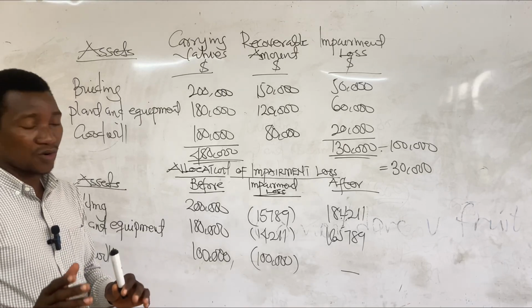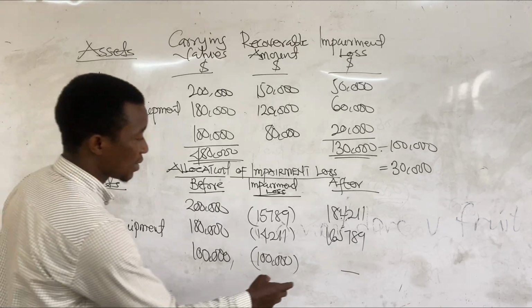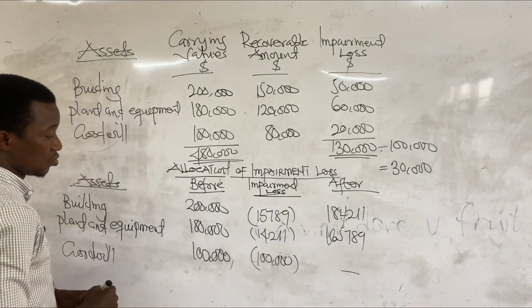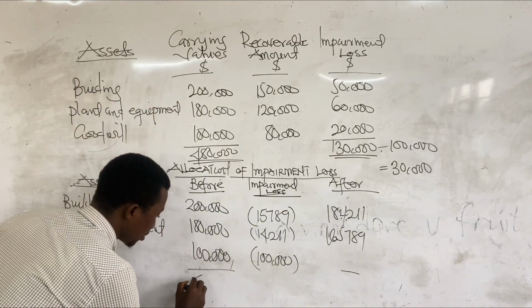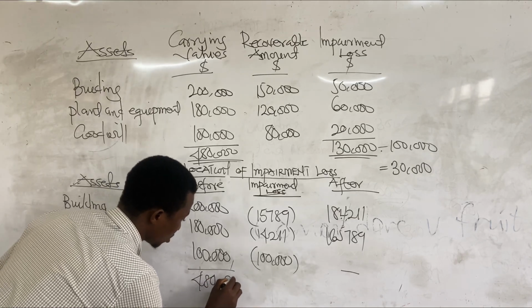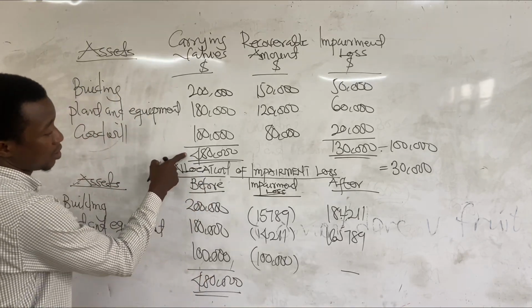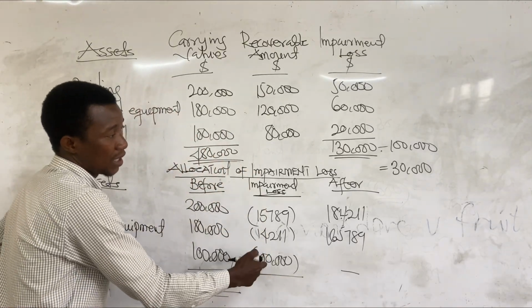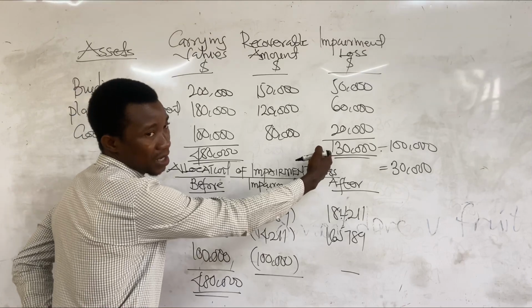So to know if you are right, we add this value and add this value. The total of this we get 480,000. That is the initial carrying value. Is that okay? Then when we add this impairment loss we allocated, we need to get the total impairment loss.